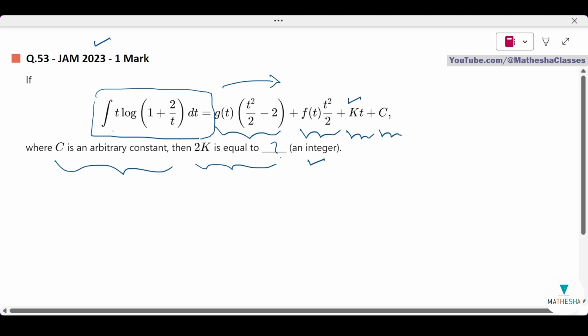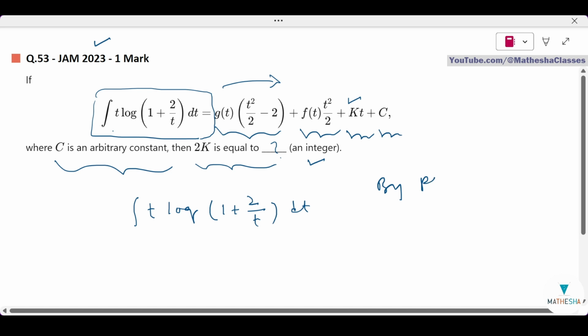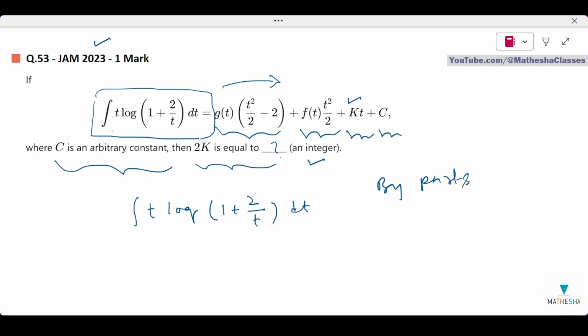So let us start. Integration t log (1 plus 2 upon t) dt can be integrated using integration by parts. And when you are integrating by parts, you will put the logarithmic factor first and then the algebraic one.